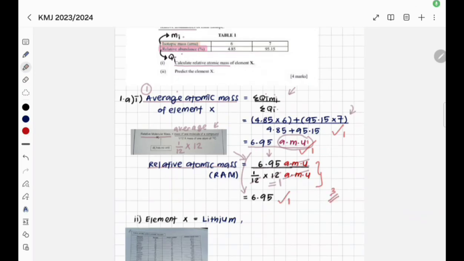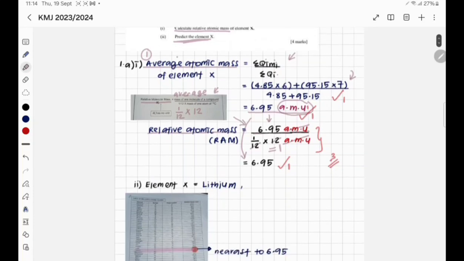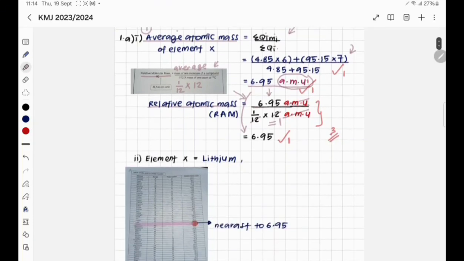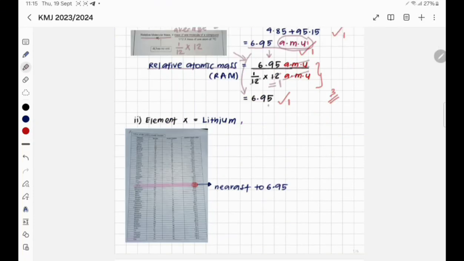Okay, so for the second question, dia tanya predict the element X. So for this question, kita sebenarnya akan guna jawapan from our first question. So by using the answer yang kita dah dapat dalam question 1, we have to compare with relative atomic mass dalam table of element.